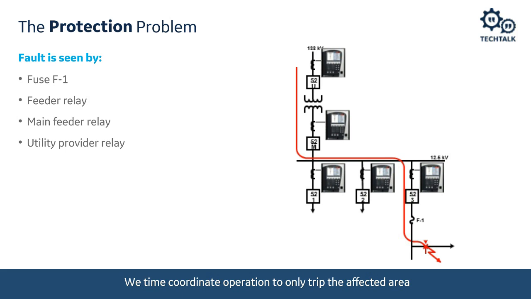So for example, the relay that's on 52M, its time overcurrent elements will have to be slower than the time overcurrent elements that are at 52.3. Likewise, the time overcurrent elements at 52U are going to have to be slower than the time overcurrent elements at 52M.